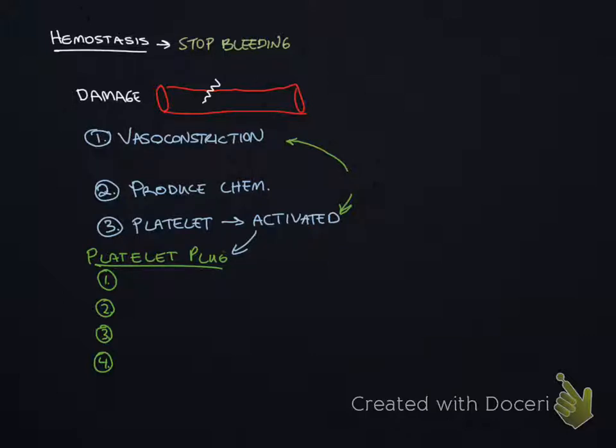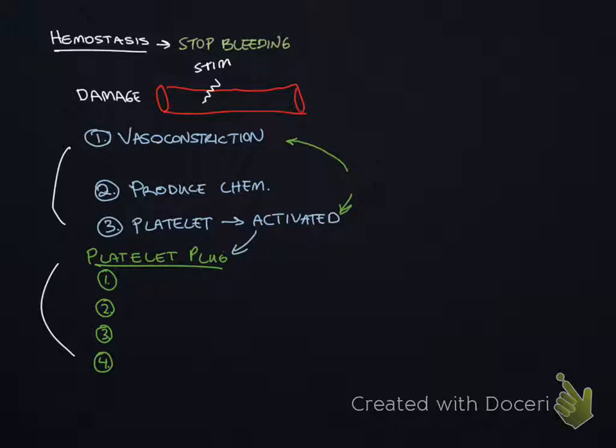So here we have a picture of a blood vessel, and our stimulus is going to be some sort of damage to that blood vessel and breaking of that blood vessel. So basically 3 things happen here. This will be 1 and this will be number 2. Okay, so I know they're numbered, but keep in mind that all of these happen simultaneously.